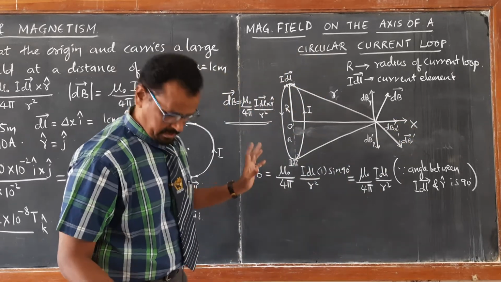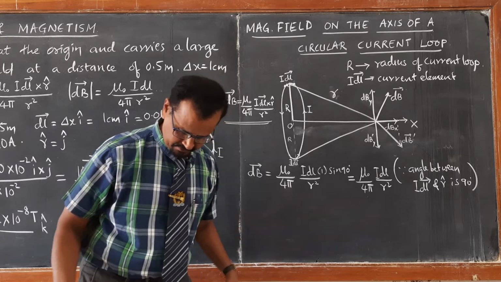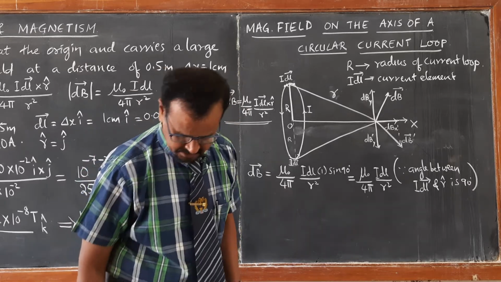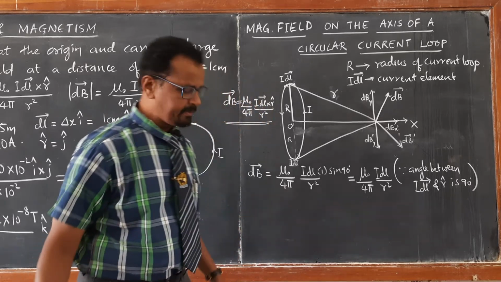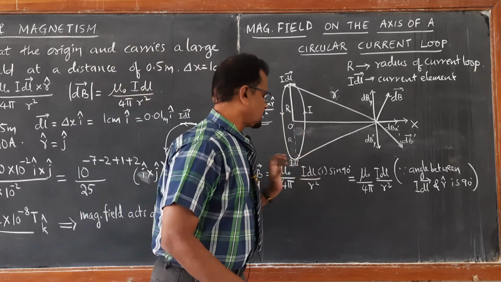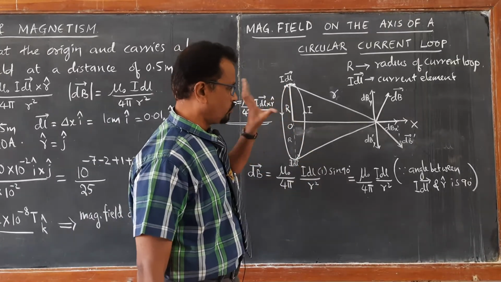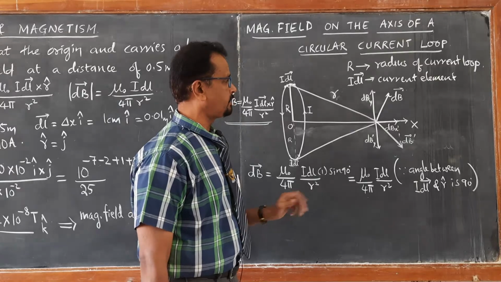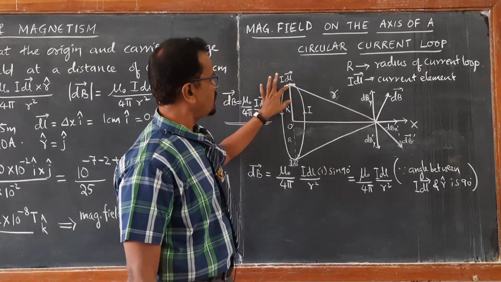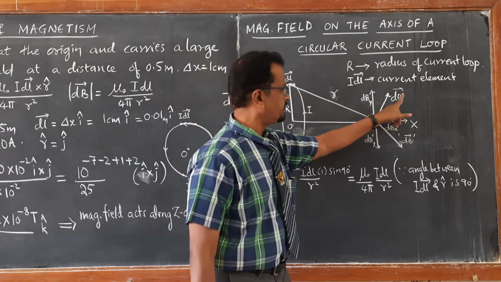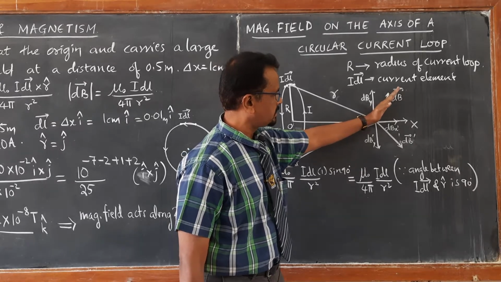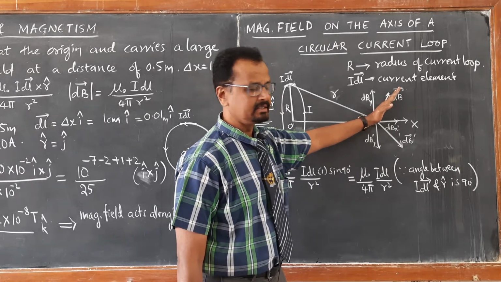So, I have taken just one pair of diametrically opposite current elements. Due to the upper current element we get dB in this direction, magnetic field in this direction.